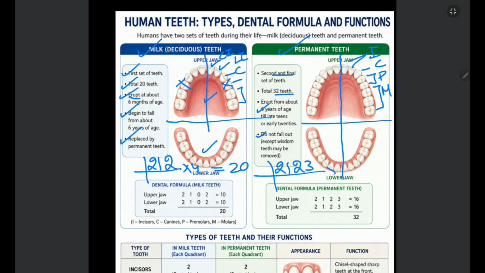And again, if I multiply it by 4, that is the 4 quadrants here, 1, 2, 3 and 4, I will get 32 teeth. So this is the most frequently asked question in boards, stating that what is the formula for milk teeth or what is the formula for the permanent teeth. So this is what you need to write, and it is hardly a 1-mark question.